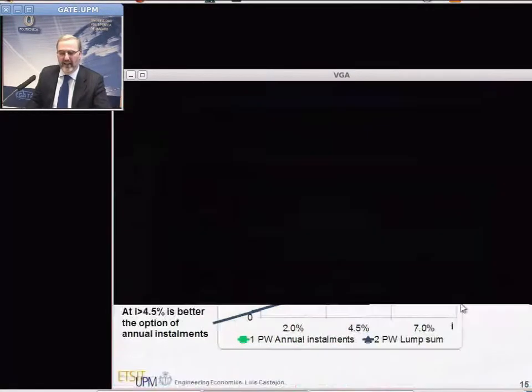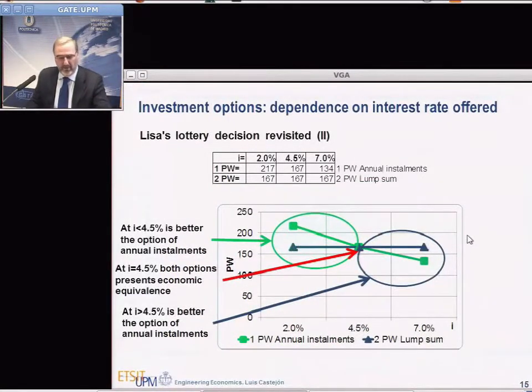As the final graph we have here, with lower interest rates, as 167 million euros put in your bank at 2% is a low amount, you will prefer to receive the installment options. As you see here, the present value of option 1, the installment option, with lower interest rate is preferred to option 2.